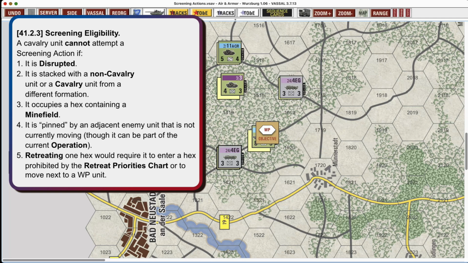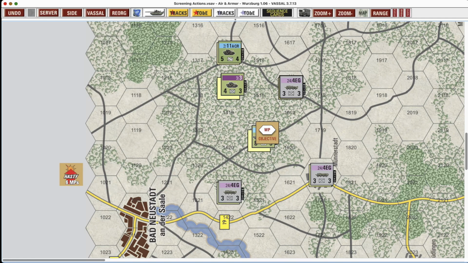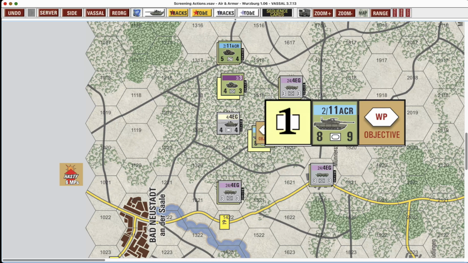So in this situation, for example, if the Warsaw Pact player had just finished the movement of this regiment, and then another regiment were to enter the map, 1, 2, 3, 4 to here, then this NATO unit would not be eligible to screen, because anywhere that it retreated would be adjacent to an enemy unit. And that covers all of the conditions for when a cavalry unit can screen or is barred from screening.